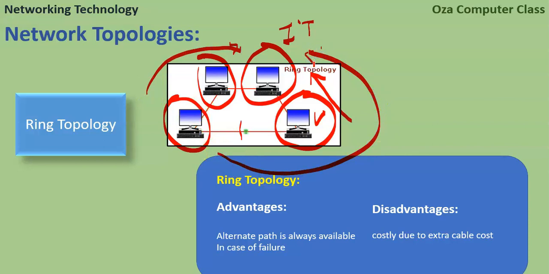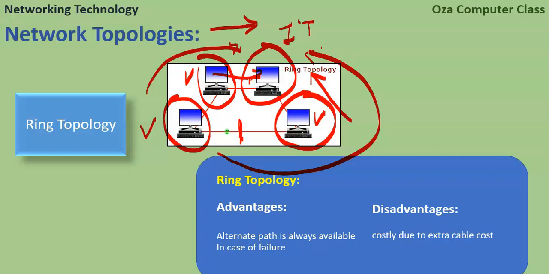Now in case this ring fails, here there is a cut, this set of users has a choice to send the signal through this path also, right? The users sitting in this department, who were very close to the IT department, used to send the data through this path only, because they are very close to the server room.